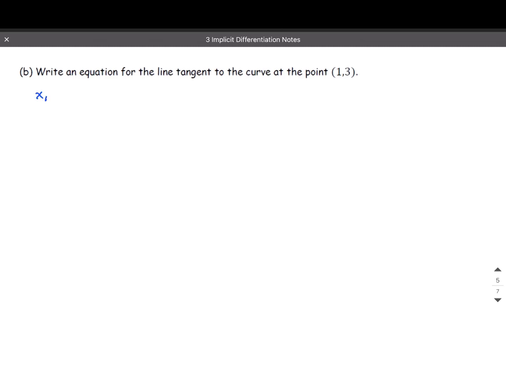So if they gave us the point, we know that the x is 1 and we know that the y is 3. So we need to find the slope, which is the derivative evaluated at the point (1, 3). Now remember, our derivative is 2 times the x value is 1 times the y value is 3, all over 2 times the y value is 3 minus the x value is 1 squared.